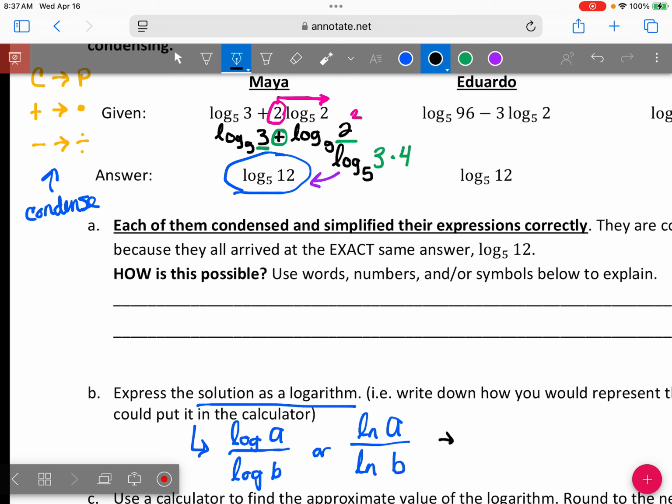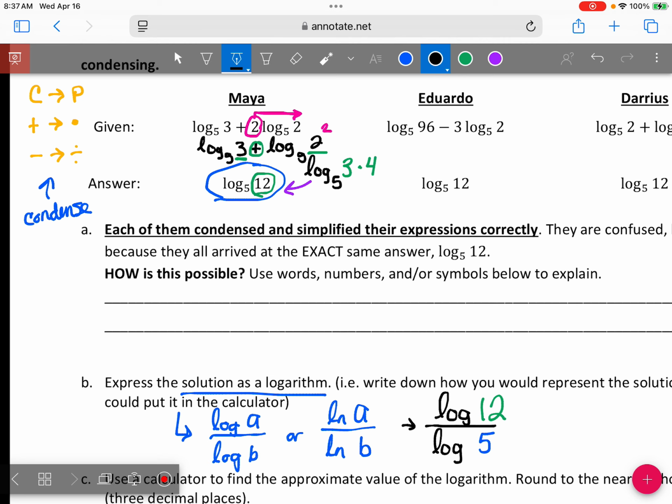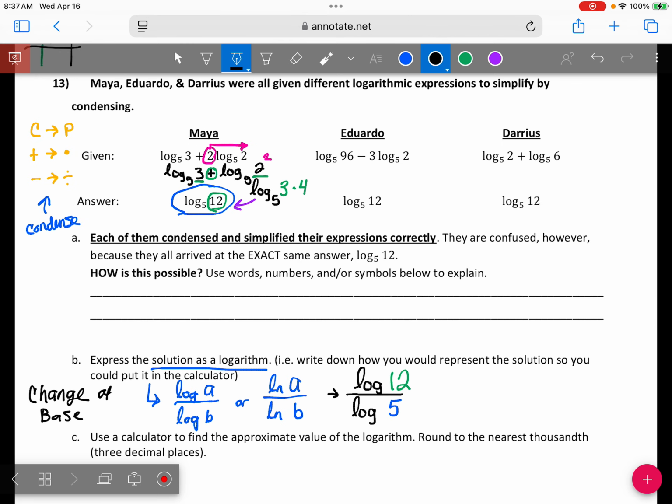To get our decimal answer, we're going to put it in the calculator as log of our argument, the 12, over log of our base, 5. So this is using our change of base. This is what we will write into the calculator to get our answer for part C.